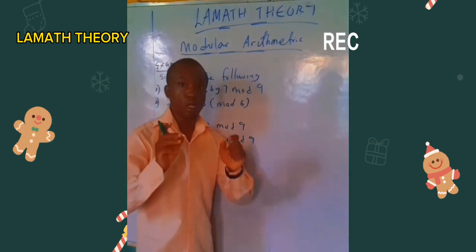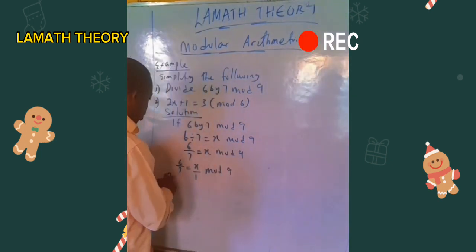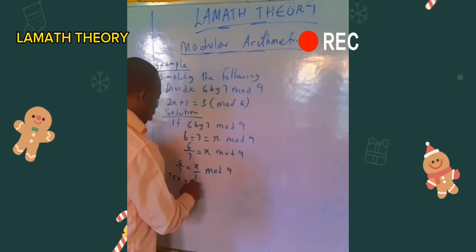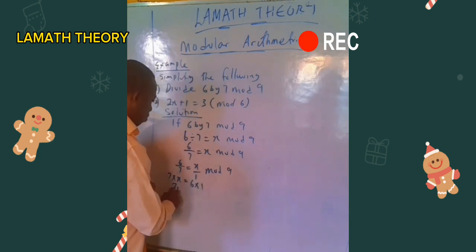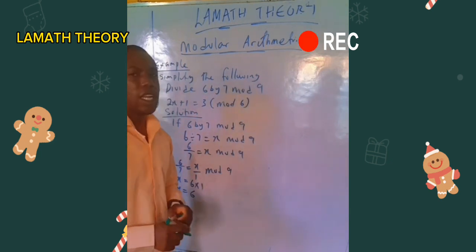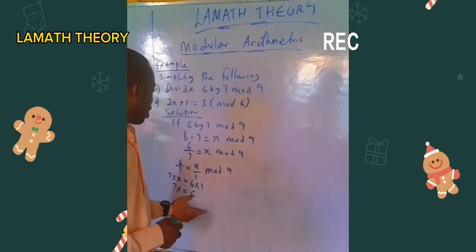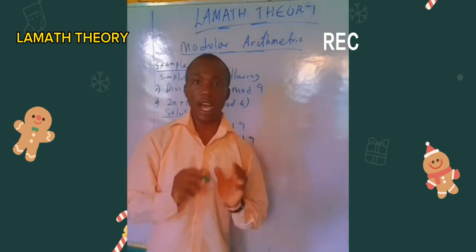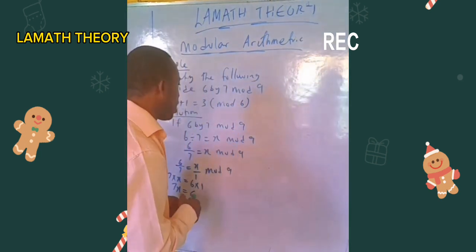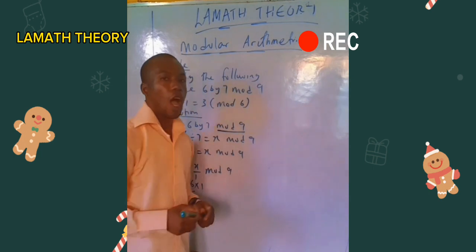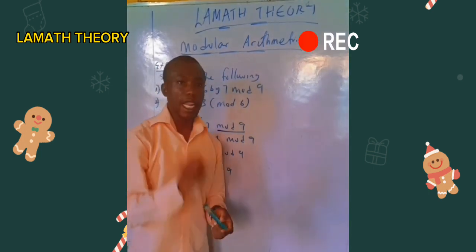Now we are going to cross multiply, where we have 7 times x equals 6 times 1. So we have 7x equals 6. Now, we all know that we cannot say 7x equals 6 modulo 9 as our answer. No. This is not the time to focus on our modulo 9.